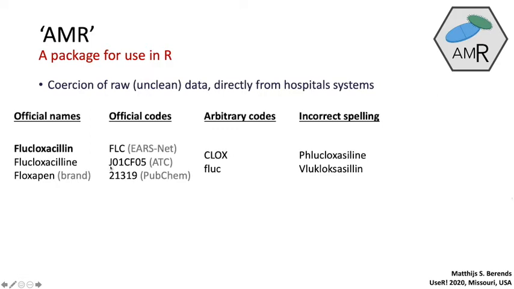This is the ATC code used in pharmaceutical systems, also by the WHO. And this is a compound ID by PubChem. There are of course always arbitrary codes you find in laboratory systems, and as a proof of principle we added some incorrect spelling. So what you can do with our package is just coerce all this to FLC, which is the abbreviation we took from EARS-Net as the abbreviation for this antibiotic.